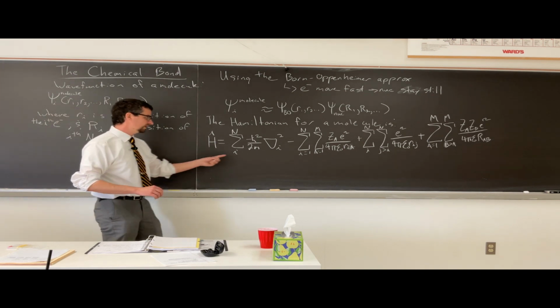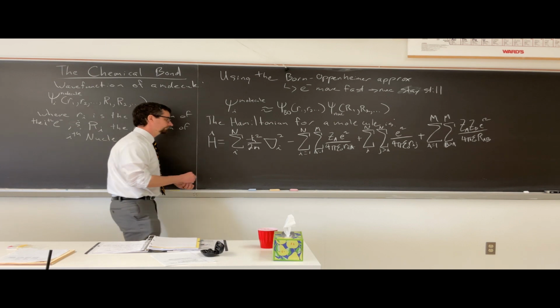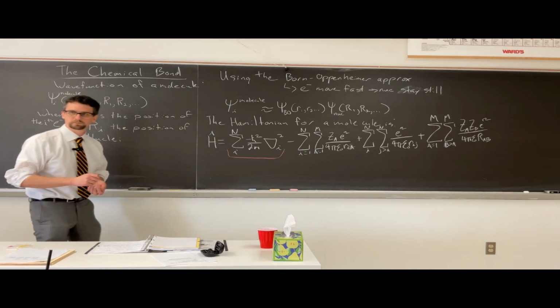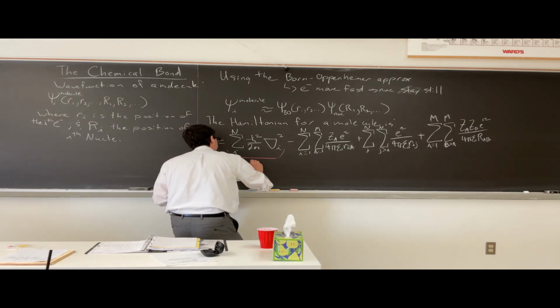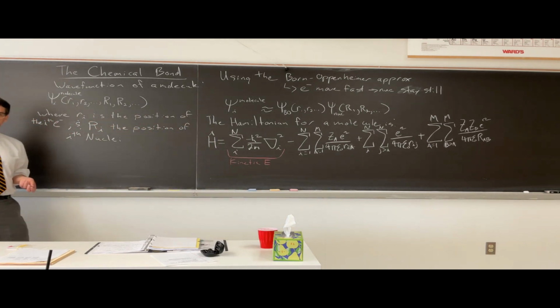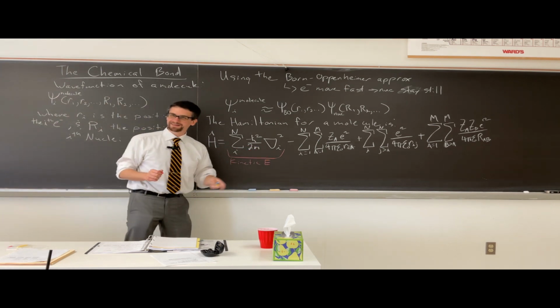So, this guy, what do you think it's for? It's kinetic energy, yep. What gives away that it's a kinetic energy? Yep, negative h bar squared over 2m, then we have a gradient.